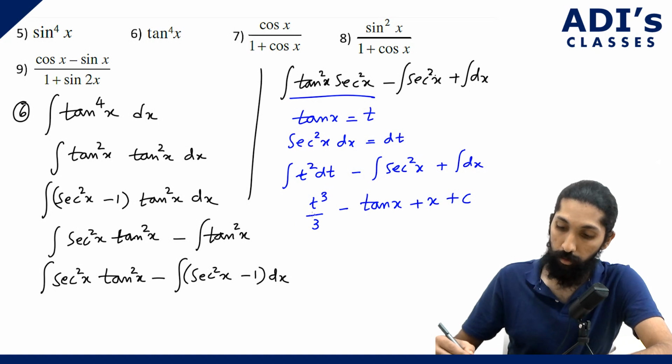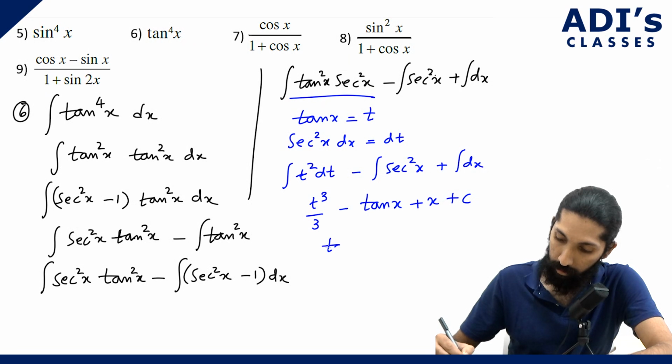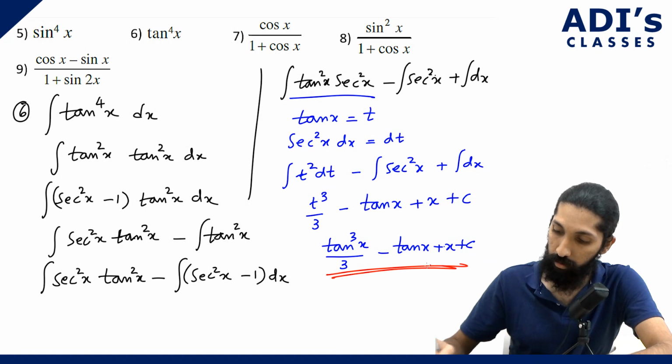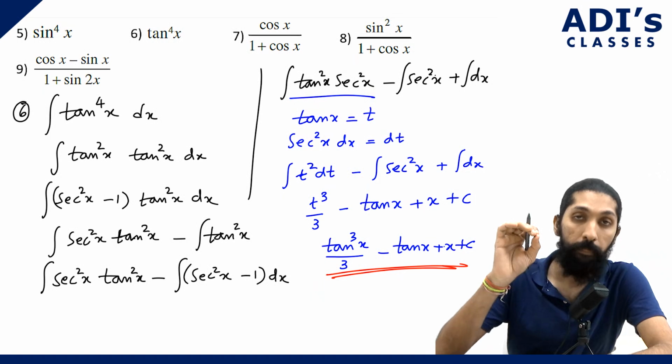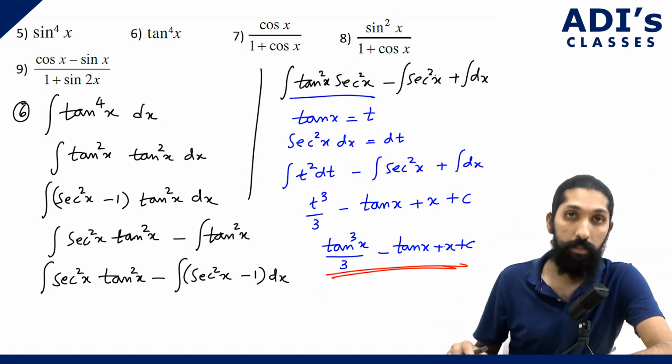So finally, what is t? Tan x. This is going to become tan cube x divided by 3 minus tan x plus x plus c. So this is going to be the final answer for the 6th question. Okay, now let's do the 7th one.